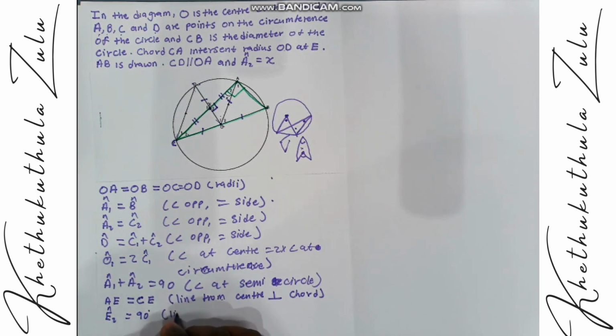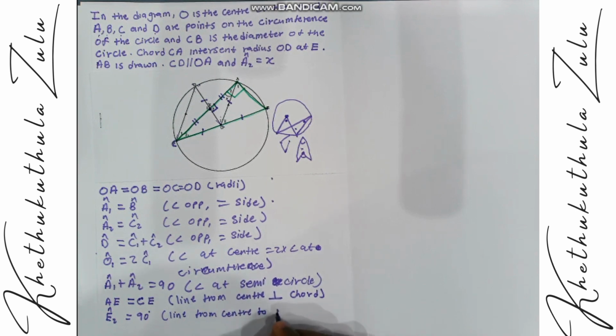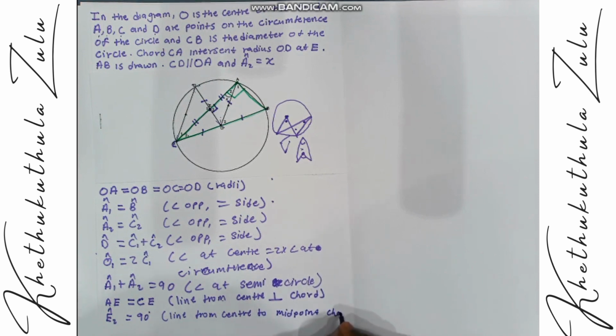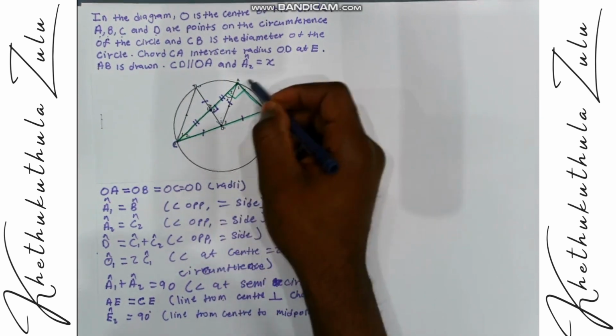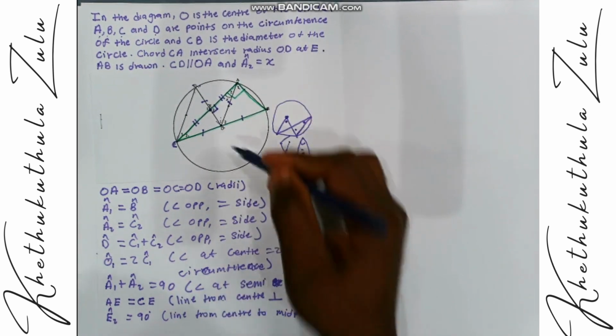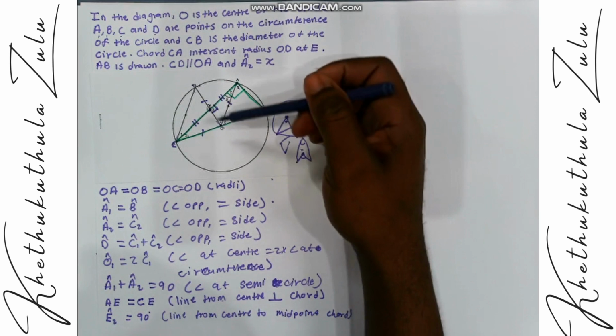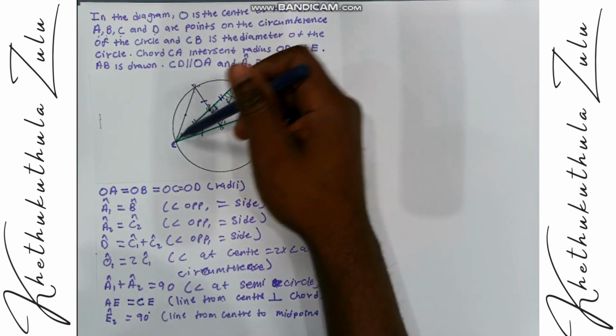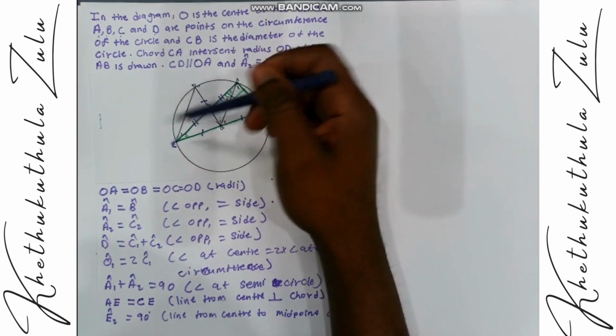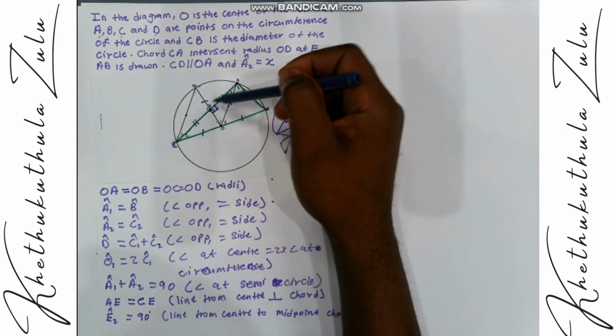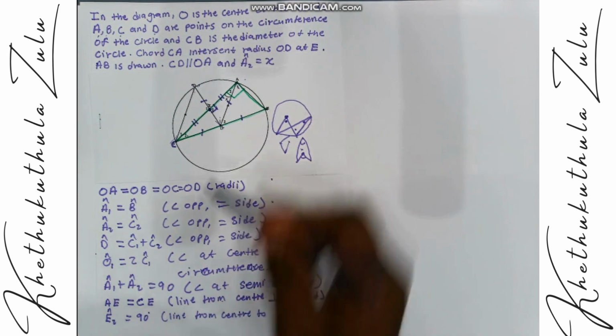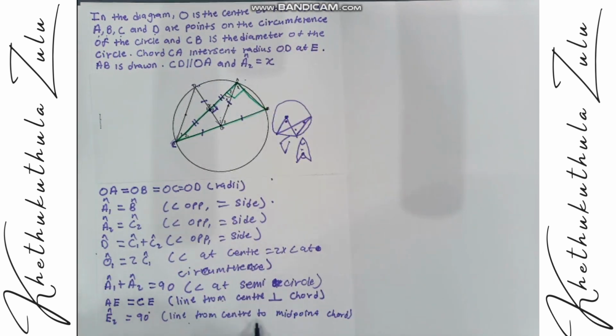A line from a center to a midpoint chord, because now this one is equal to this one, so this angle here is 90 degrees. This is a midpoint because we have proven that CE is equal to EA. That's why E2 is 90 degrees, because a line from a center to a midpoint of a chord. We know that one now.